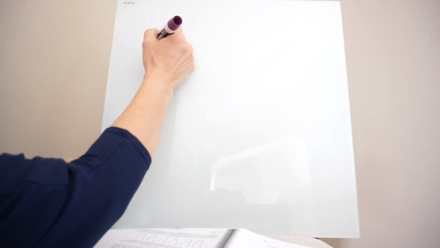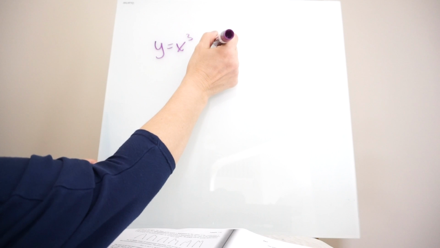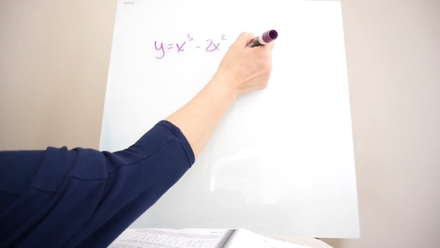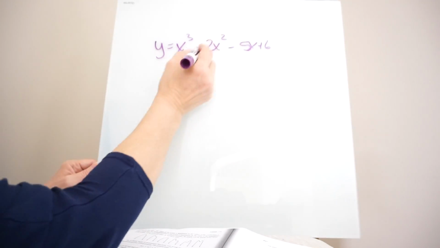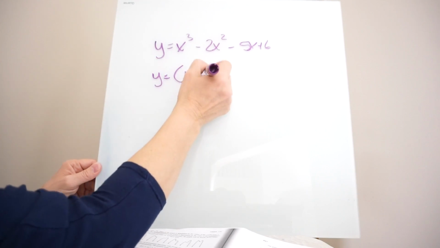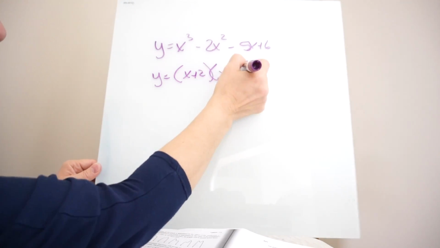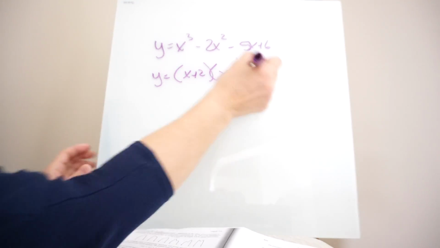So if we look at this next part, they have already factored this for us. If we had y equals x cubed minus 2x squared minus 5x plus 6, that could be rewritten as x plus 2 times x minus 1 times x minus 3.